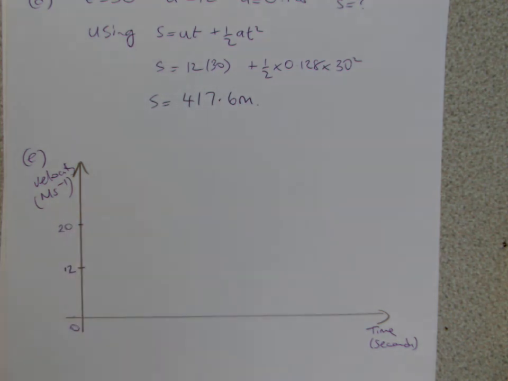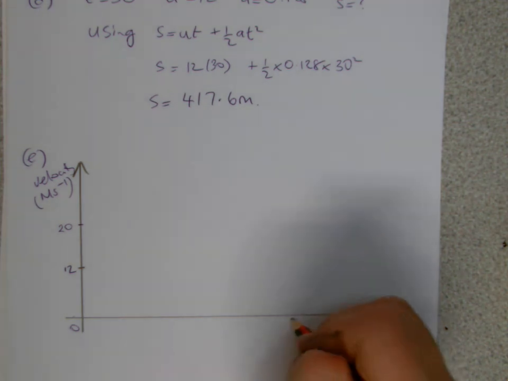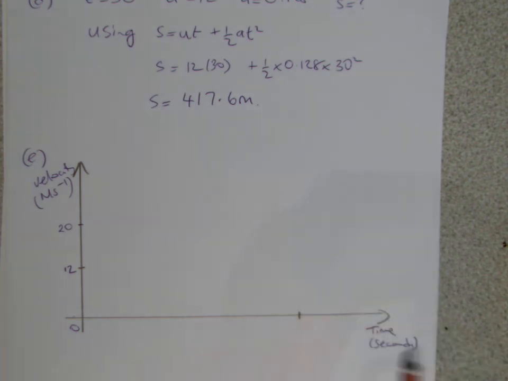We need to know the time it takes to get to B, and I get that answer from part B. If you remember from part B, it takes 62.5 seconds to get from A to B. So we need to be 62.5 seconds along here.